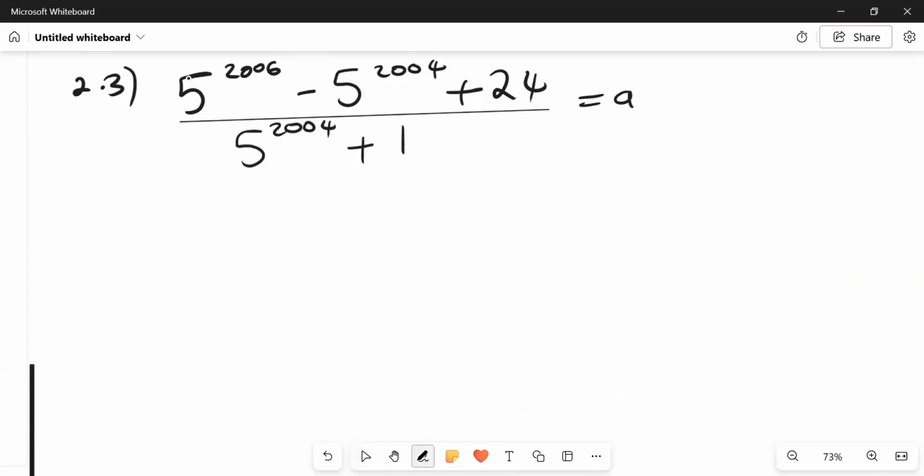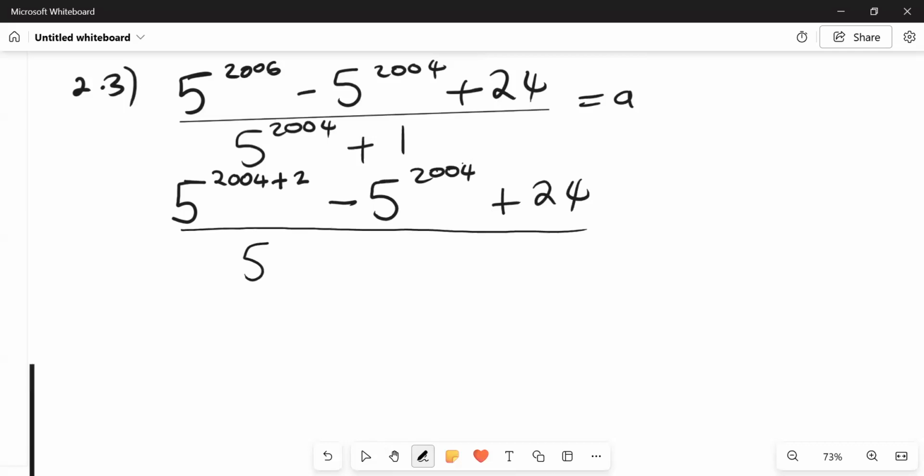So here, you first change this 2006 in a sense that it's written using the smallest exponent. So it can be expressed as 2004 plus 2, because the smallest exponent there is 2004. So here you have your 5 to the power of 2004 plus 2, minus 5 to the power of 2004, plus 24, divided by 5 to the power of 2004 plus 1, equals A. Okay, now let's separate the exponents.